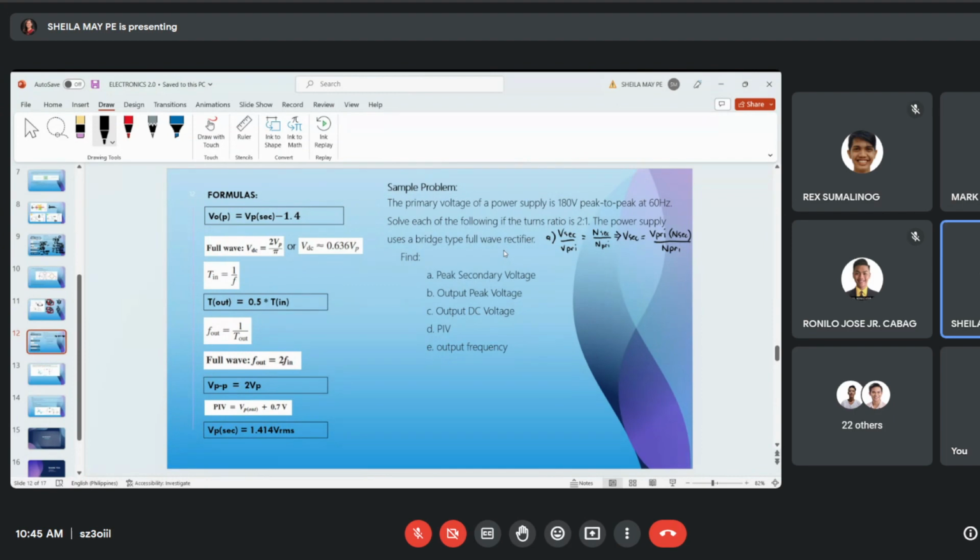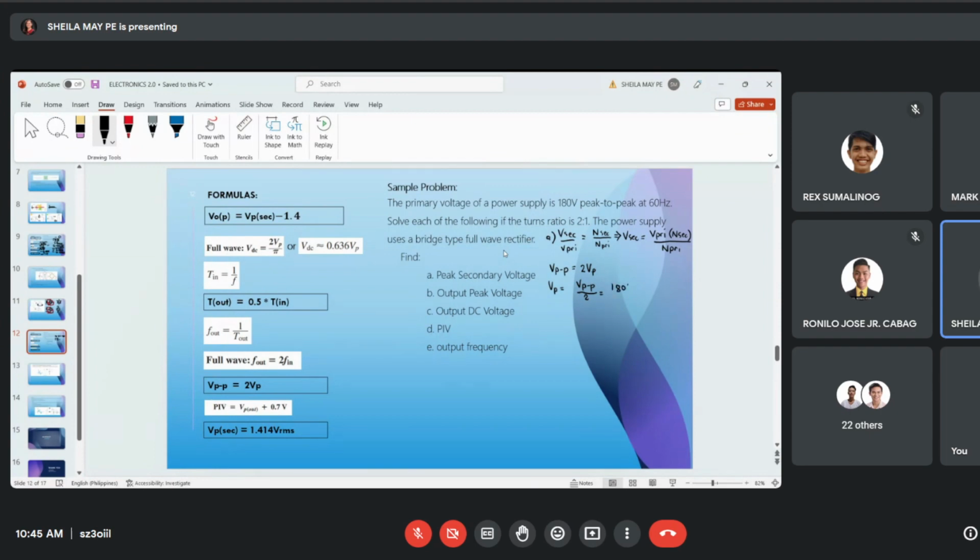The V peak, guys, is still missing, but we are given 180 volts peak to peak. So the V peak to peak formula is twice our V peak. But we need V peak, so that's V peak to peak divided by 2.